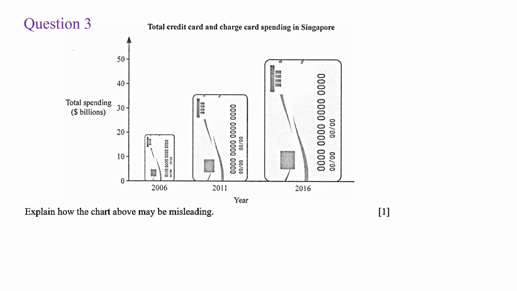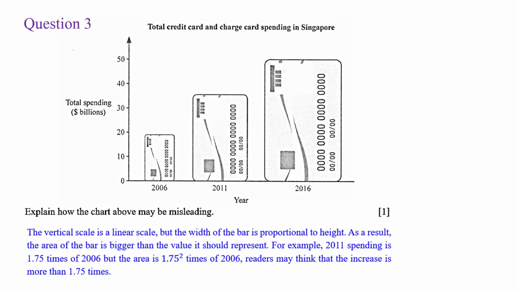Explain how the chart above may be misleading. The vertical scale is a linear scale, but the diagram shown is otherwise. The diagram shown is actually a cut.